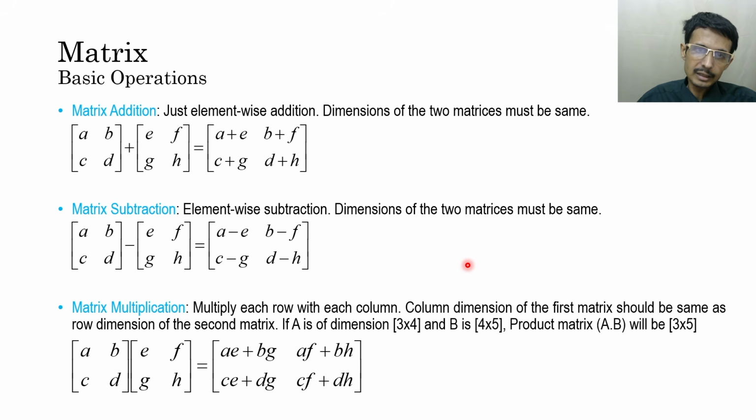So the product matrix dimension will be 3 into 5. If A has dimension 3 into 4 and B is 4 into 5, the column dimension of matrix A and the row dimension of matrix B are the same. And the resultant or product matrix AB will be of size 3 into 5. So that is the basic rule of matrix multiplication.